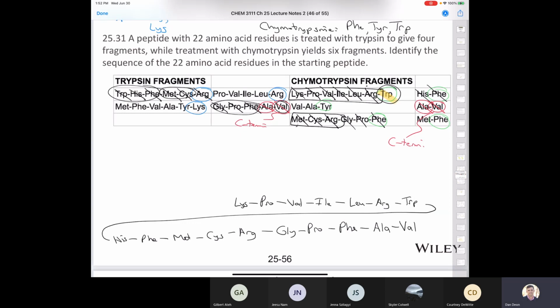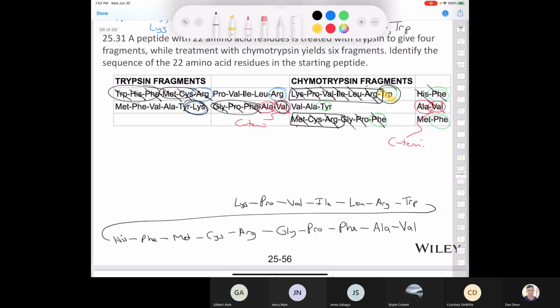Then the lysine, the only lysine that I see over here on this side is this one right here. I'll highlight it in green. This one right here. So that means before the lysine, I must have the tyrosine. So I'll go back here. So I've got the tyrosine, alanine, the valine, and the methionine.